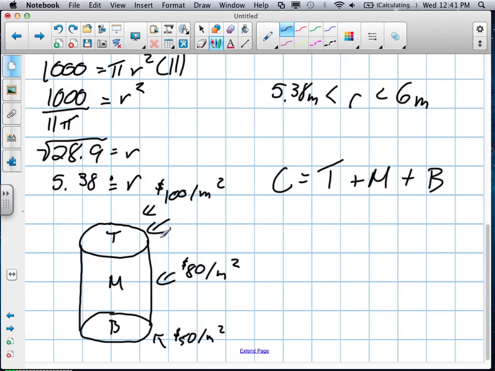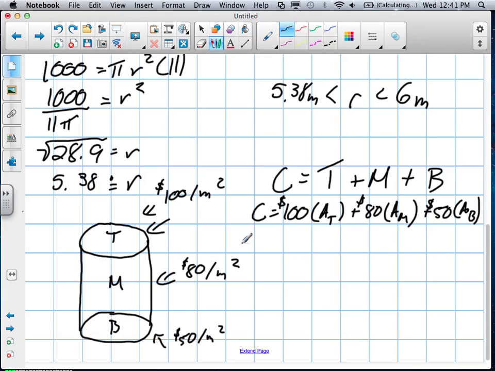So the area of the top, our cost is 100. So it's going to cost us 100 multiplied by the area of the top. The middle was $80 multiplied by the area of the middle, and the base was $50 times the area of the base. I'm just putting those letters there so we have an idea of what that means.